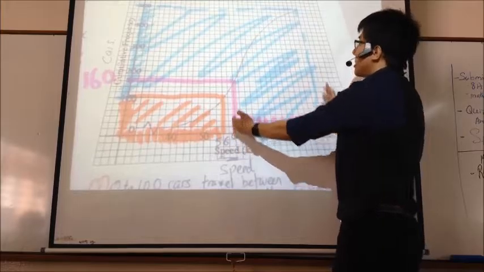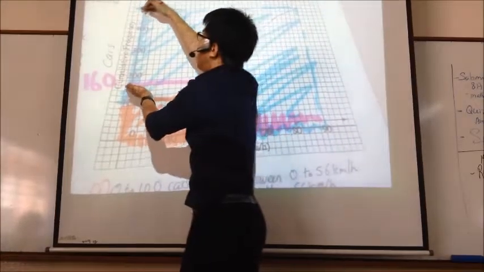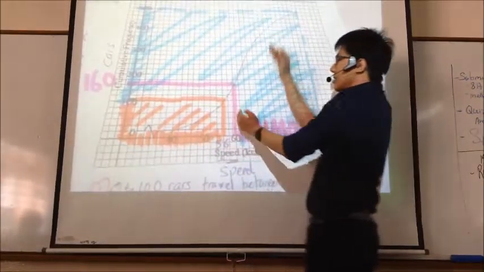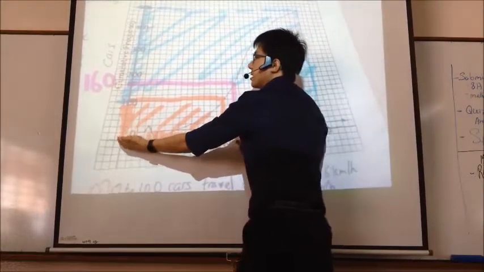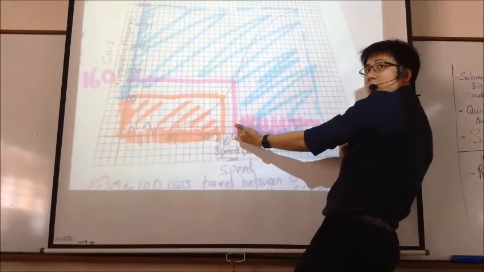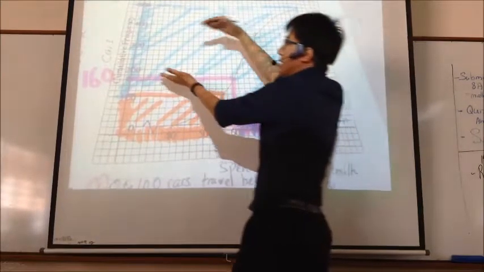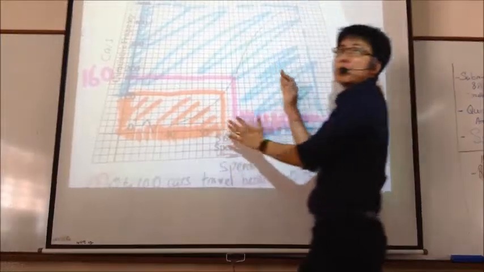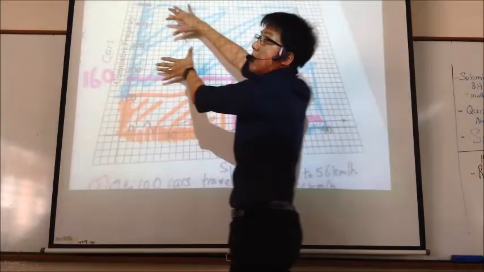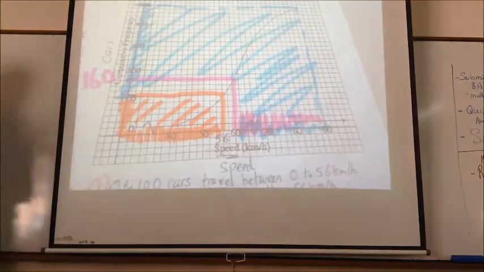So 60 and more means I go up, I want 160 to 500. Again, 60 and less means I want 0 to 160. 60 and more, I want 160 to 500. If you want to make it dramatic, you can color the whole thing pink. Can you follow? So, next one.